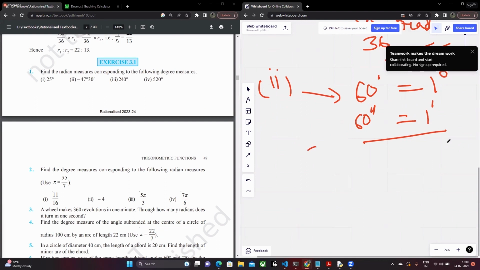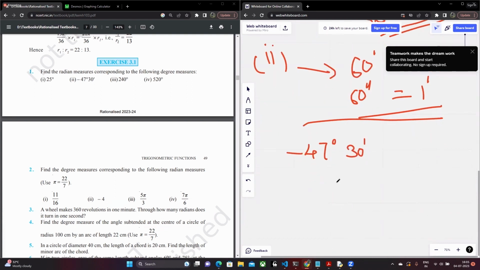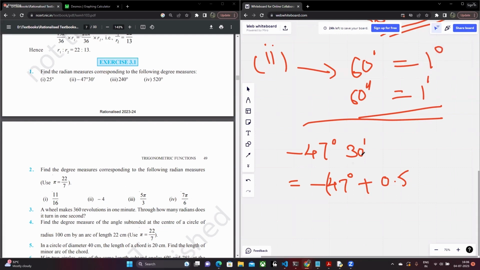With this in mind, you have the angle measure as minus 47 degrees, 30 minutes. Which is basically minus of 47 degrees, and this 30 minutes, which is basically half a degree, because 60 minutes makes up 1 degree. That means half of 60, that's 30, is going to make up half a degree.